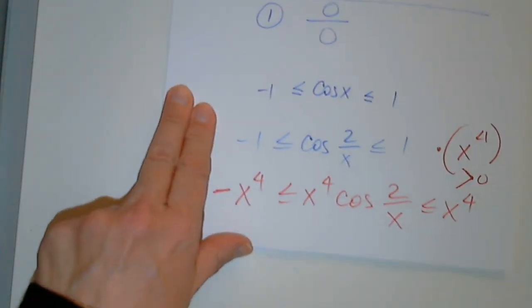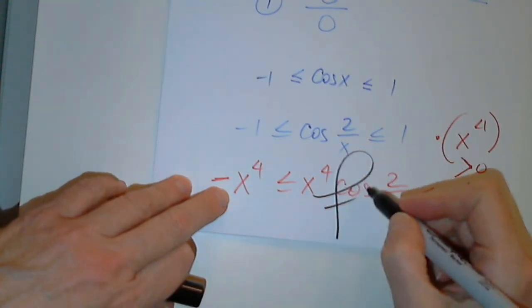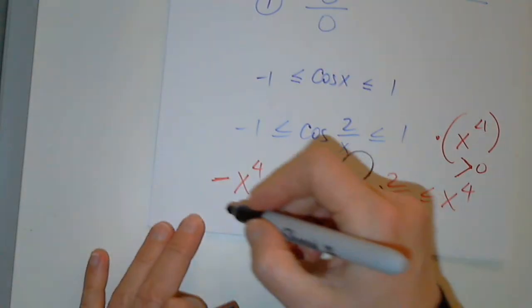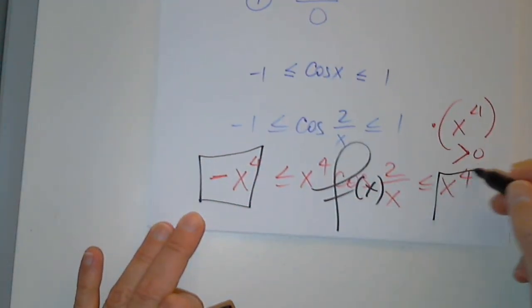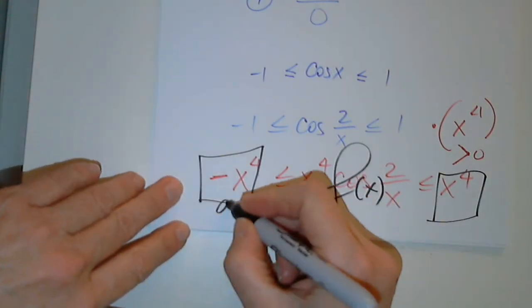So indeed, I multiplied all three sides by x to the fourth. It was strictly greater than 0. Now I'm happy because right here in the middle, I have my f of x. That whole thing is f of x. What will this be then? And what will this be then? Yeah, I could name them whatever you like.